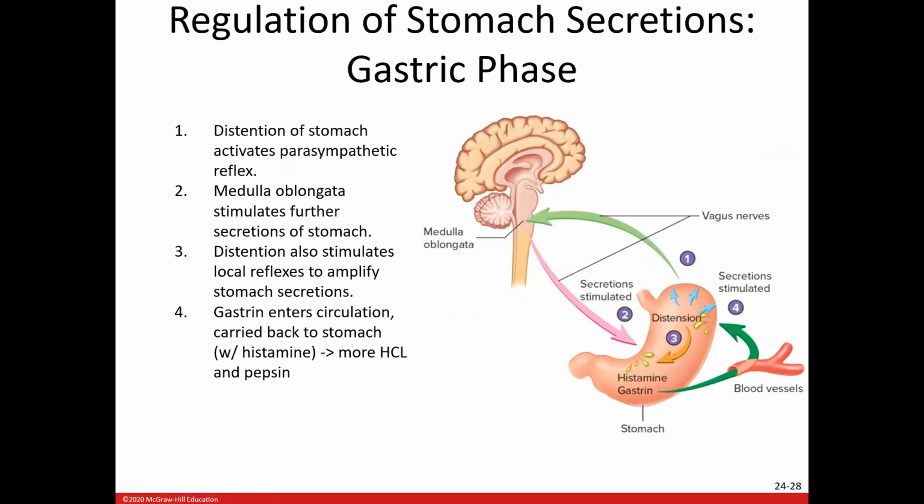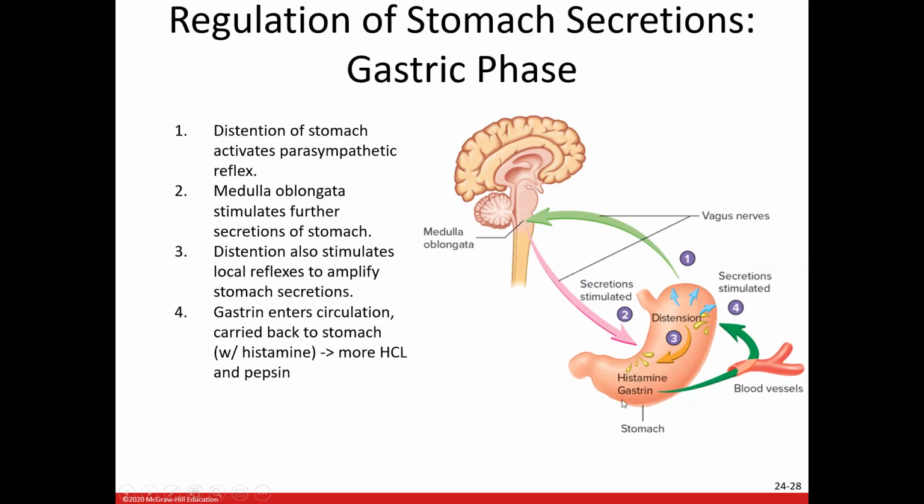Next, you have your gastric phase. And this pretty much works exactly the same as the cephalic phase, except with the caveat that instead of the brain being stimulated by food, having thoughts about food or smelling food, in this case, we literally have food in the stomach, which is causing this pathway to occur.